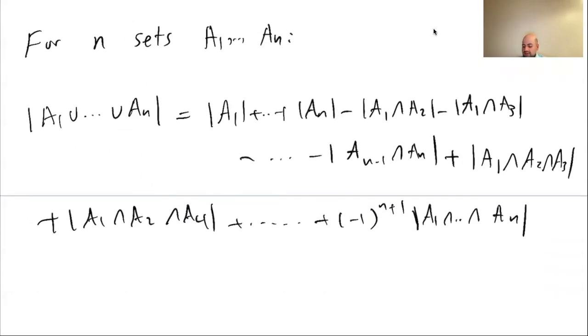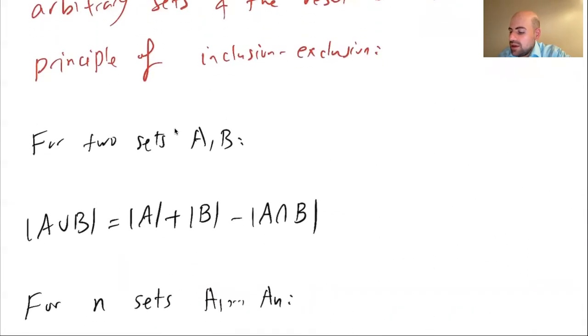And at the end, how can I find out about the last term, like justify it, or at least guess what the last term is? Well, if you look at the case for two sets, A and B, it's the number of elements in A plus the number of elements in B minus the number of elements in the intersection.